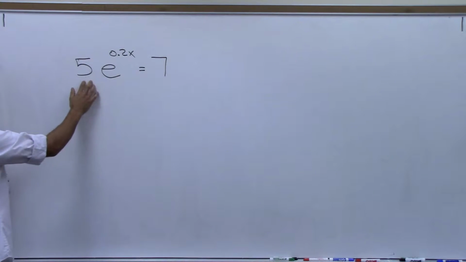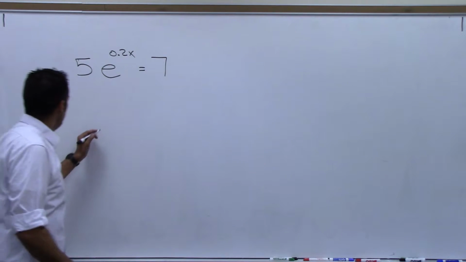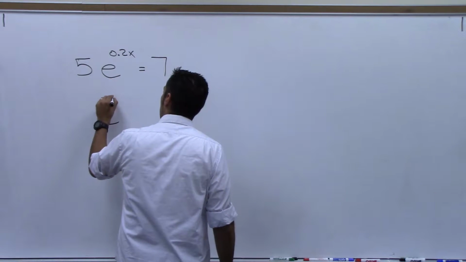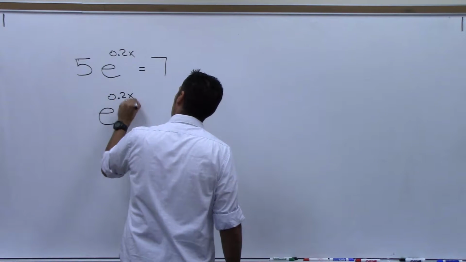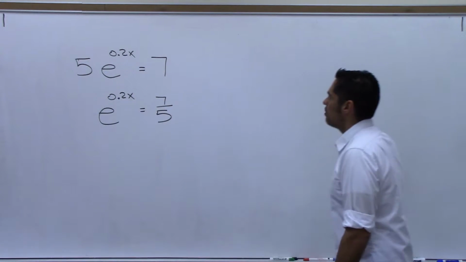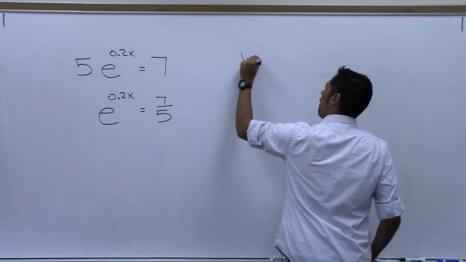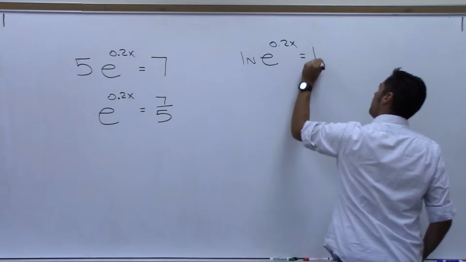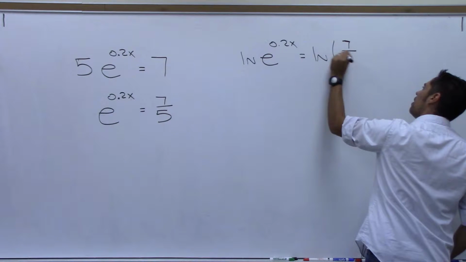You got to drop it, but the 5 can't be there, so divide by 5. After you bring the 5 over, right? Yeah. 7/5 over here. Now natural log on both sides. Natural log of 7/5 on this side.